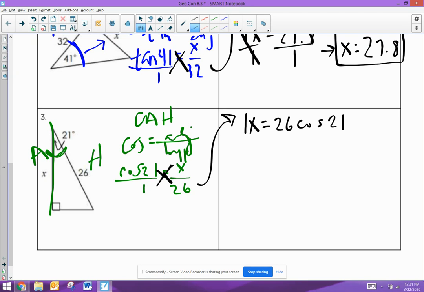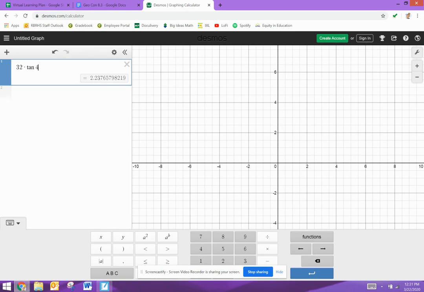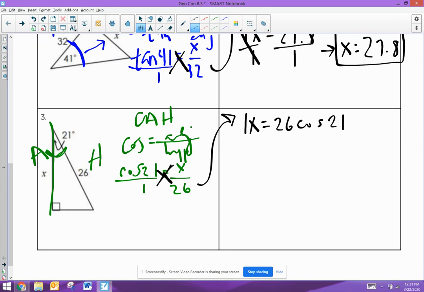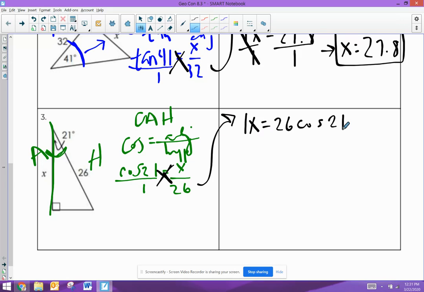So then 26 cosine of 21. Yep. So that's 24.27. Let's round that together. 24.27.